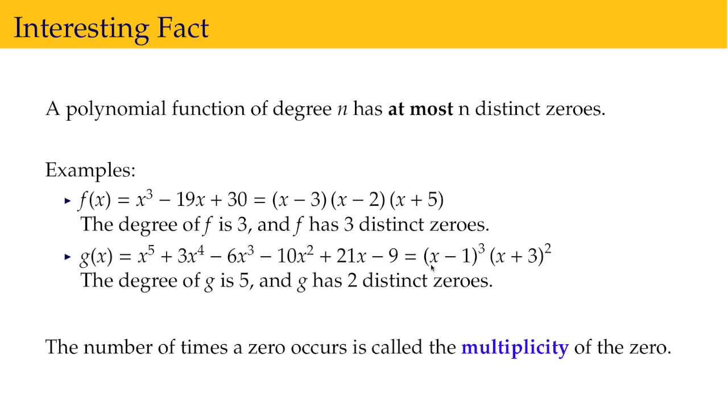So here, the zero of 1 occurs 3 times, because the factor of x minus 1 occurs 3 times in this factorization. If you wanted to, you could write this out as x minus 1 times x minus 1 times x minus 1 times x plus 3 times x plus 3. So the root of 1 has a multiplicity of 3. The root of -3 has a multiplicity of 2.